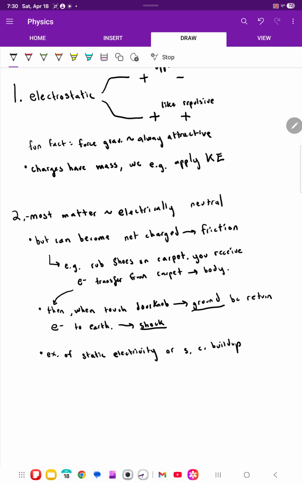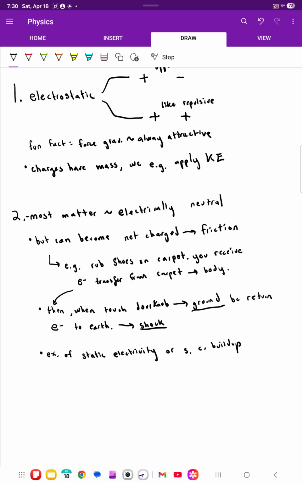There we have it. So we know that most matter is electrically neutral, but neutral objects can become charged through a process called friction. Like when you rub your shoes on carpet, the carpet transfers electrons onto your shoes or your body, and so you're more negatively charged.